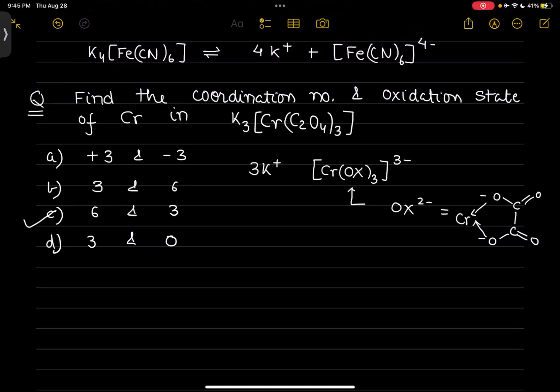So a total of 6 coordinate covalent bonds will be there. So the coordination number is going to be 6. The oxidation state you can very easily calculate. The charge is -2, into 3, and the algebraic sum of the total charge is equal to the net charge, that is -3. So x equals +3. So this is the correct option, right?